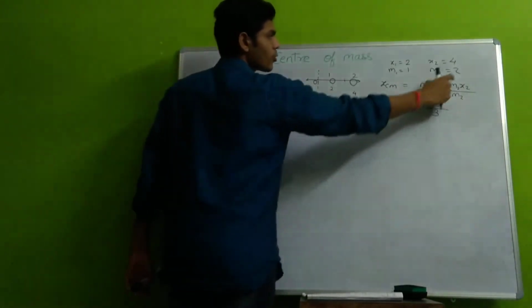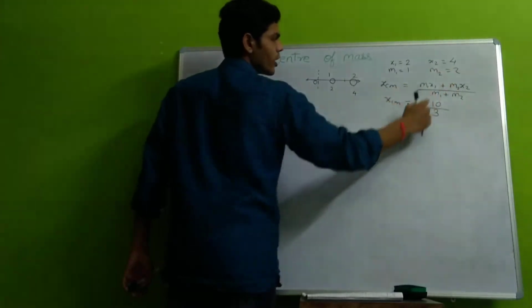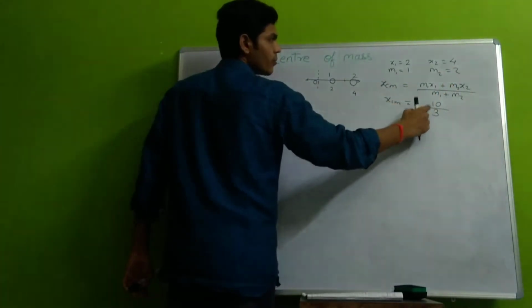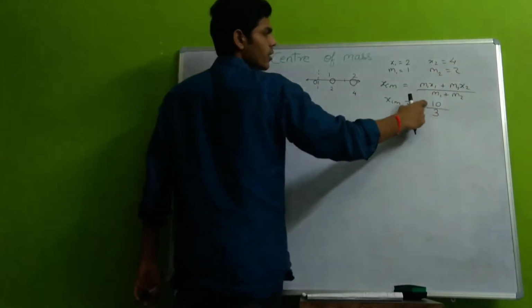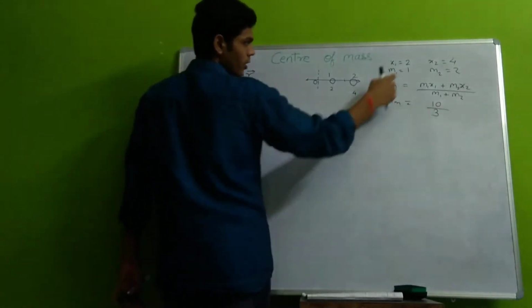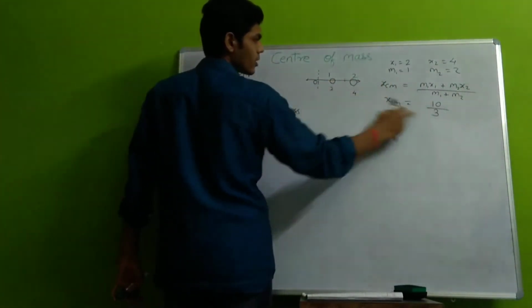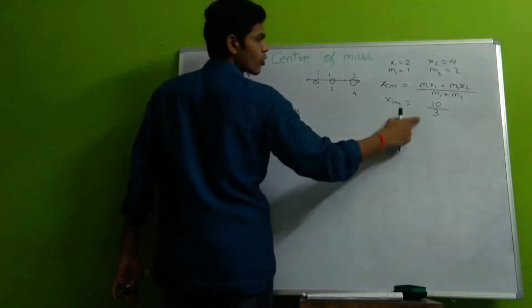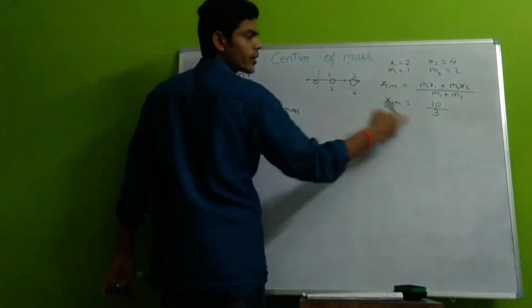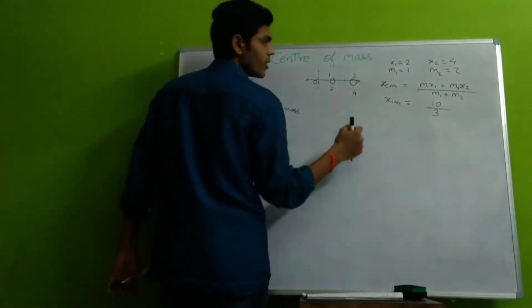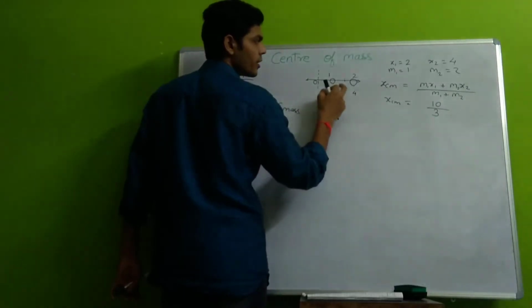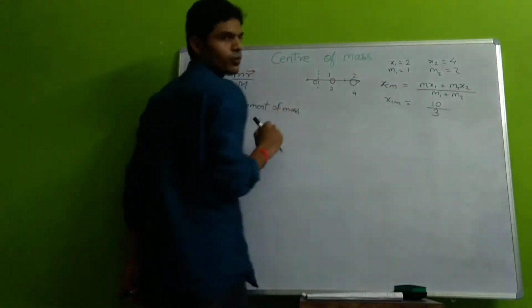So if we subtract 2 from 10 by 3, we get 4 by 3, multiplied by 2, it will be 8 by 3. And 2 minus 10 by 3 gives 4 by 3 in magnitude, 4 by 3 into 2, again 8 by 3. So the sum is 0 because one will be in the negative direction and the other in the positive direction.